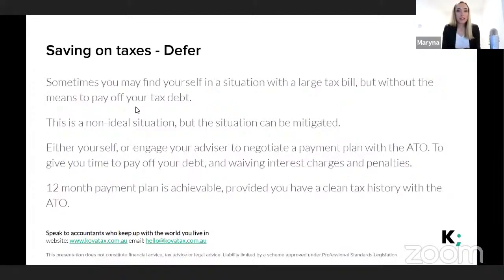You can actually have like a loan with the ATO when you repay your tax bill slowly. And there could be interest associated with that, but it will be allocated to your account. And if you do pay on time, so if you follow the schedule of the payment plan, then you can waive the interest charges.